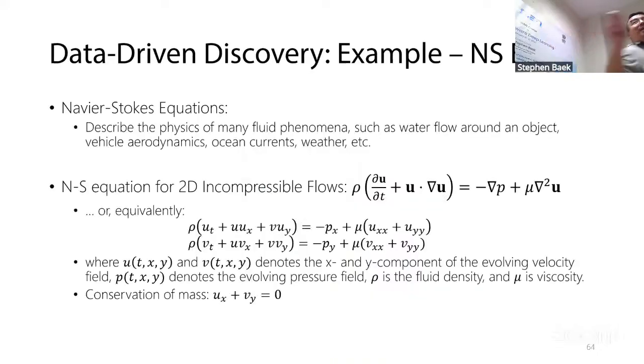Speaking of Navier-Stokes, here's another example. Unfortunately, for this one we're not going to do it in the class because, like I just said, this takes forever. So I frankly don't see the reason why one would use PINN as opposed to direct numerical solvers, especially if you have high Reynolds numbers and things like that.